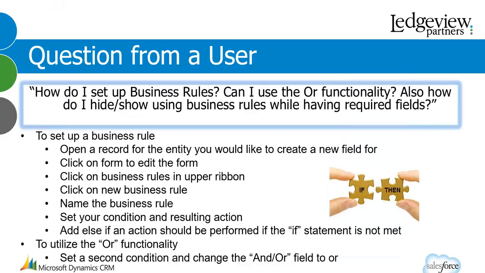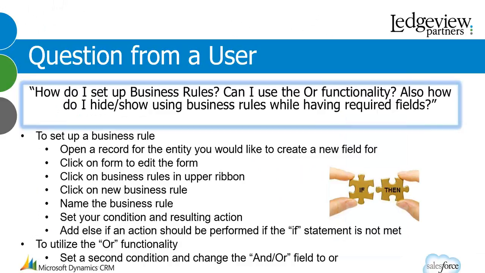Now back to our last question from this group of user questions. How do I hide or show using business rules while having required fields? What you'll want to do is have a condition that sets a field as required. Whatever that condition is that sets it required, you're also going to want to set it to show.